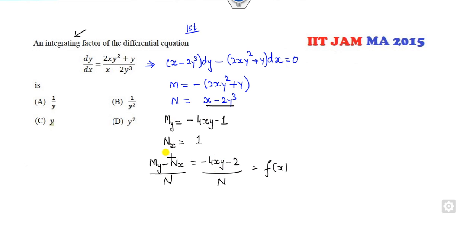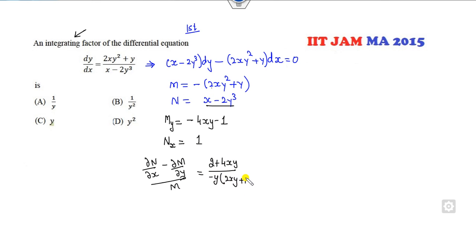It means I have to divide it by M. So if I divide it by M, I have to write M below. So what is that? It's minus 2 minus 4xy over M, which is minus y times 2xy plus 1. I can take y as common. So I can say it's minus 2 over y.